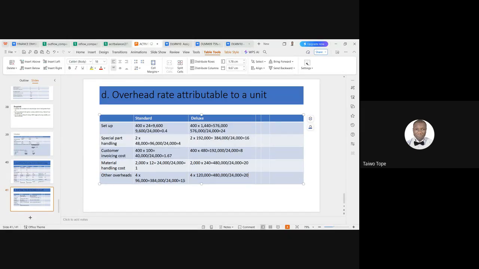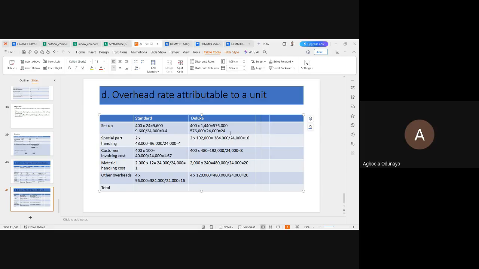So if you are asked for the total cost for standard, each of these values we derived, when you add them together, gives you the total cost to produce 1 unit.